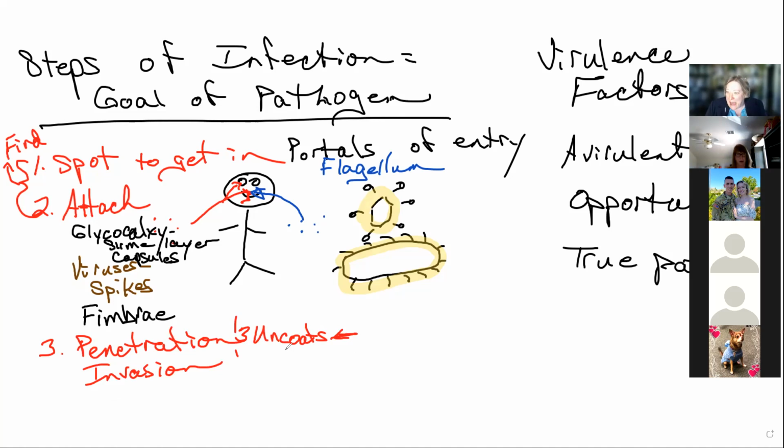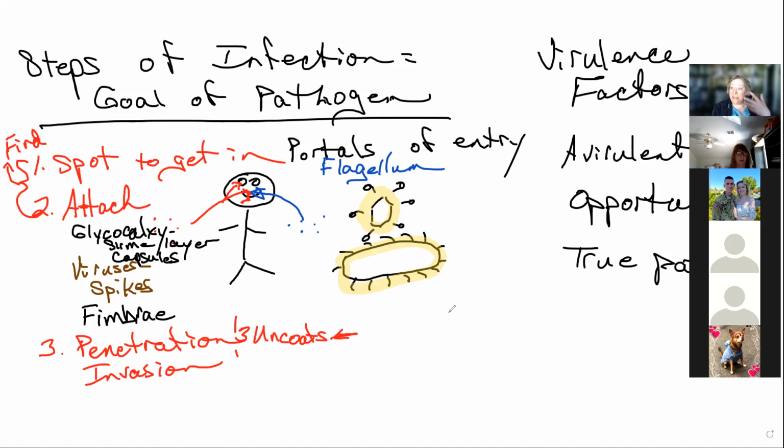It gets inside of the cell. Whereas if we're talking about E. coli, and we'll say that this is hemorrhagic E. coli, O157:H7, I think. Then I lost it. But anyway, hemorrhagic E. coli.